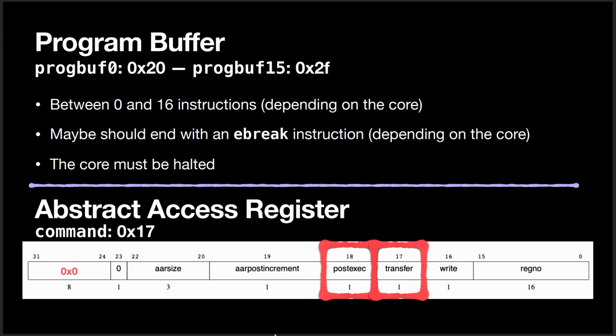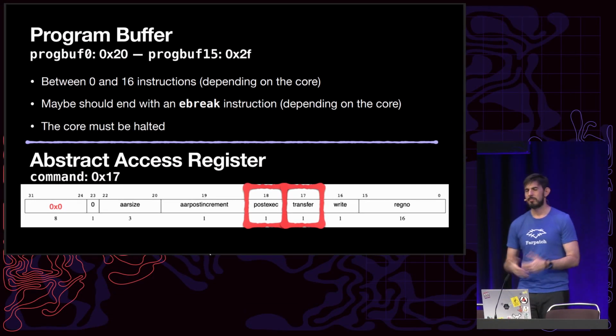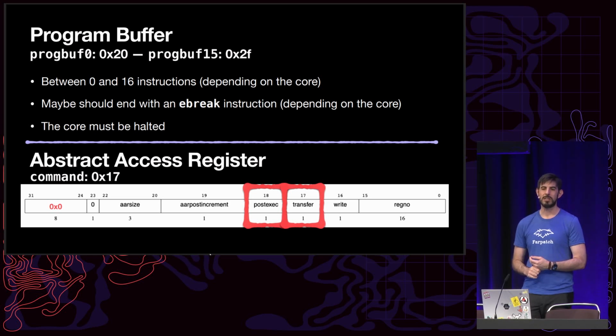If you only have one program buffer, obviously it doesn't make sense to require an ebreak instruction there. But for the most part, you have to put an ebreak at the end of your program to tell it that, hey, I'm done with this. It's a lot of unspecified values here. For example, it's not specified if the program actually gets put in memory. It might just be a special value that gets stuffed directly into the pipe. This is all unspecified, and the designer can do whatever they want.